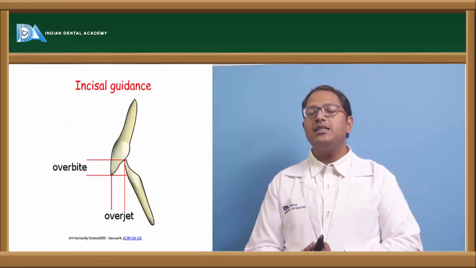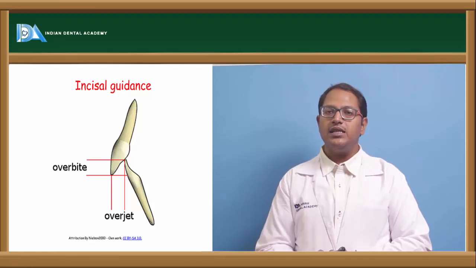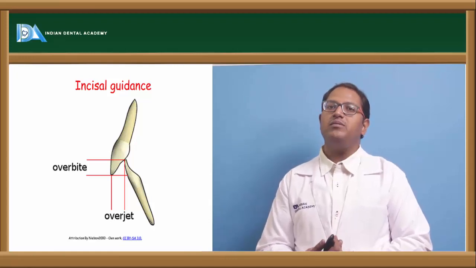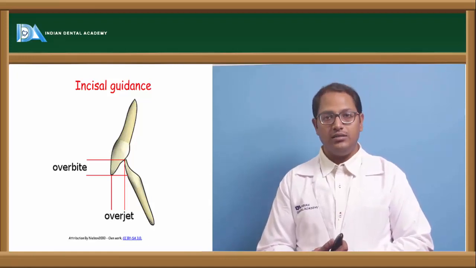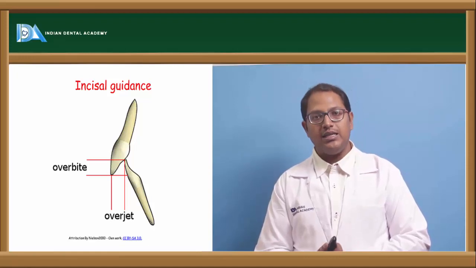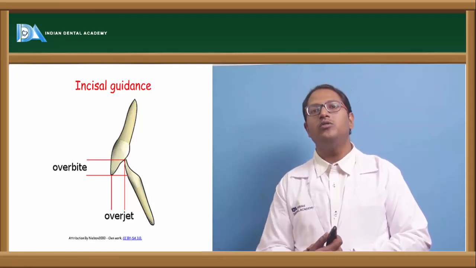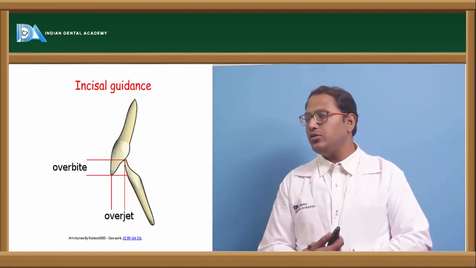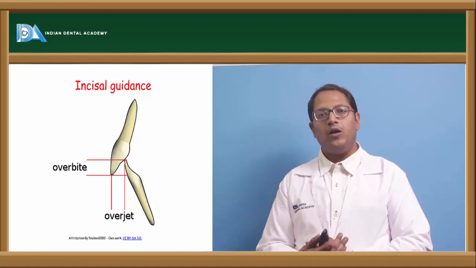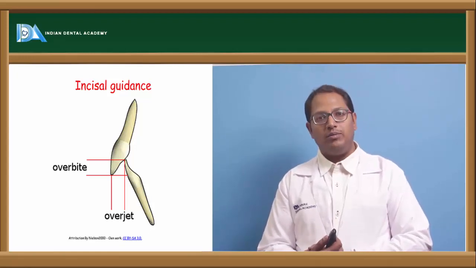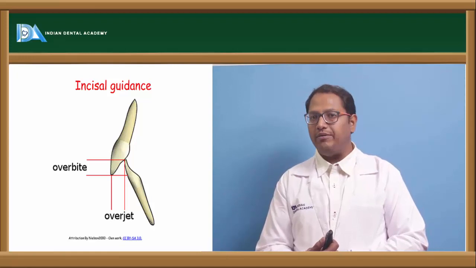Coming to incisal guidance. What is incisal guidance? It is the guidance given by the incisors of our own patient. That is, what is the overjet and overbite? Overjet is the horizontal overlap. Overbite is the vertical overlap which is present.